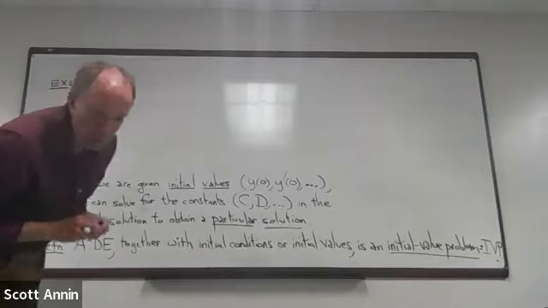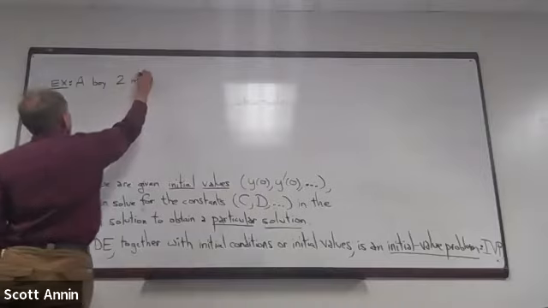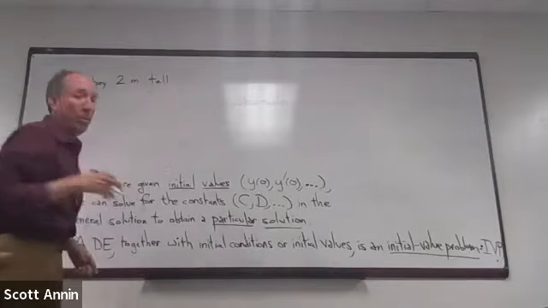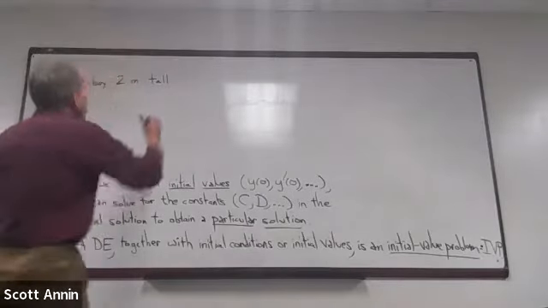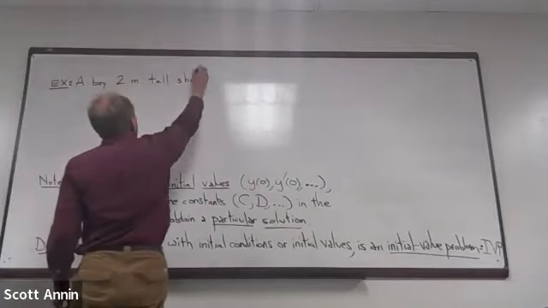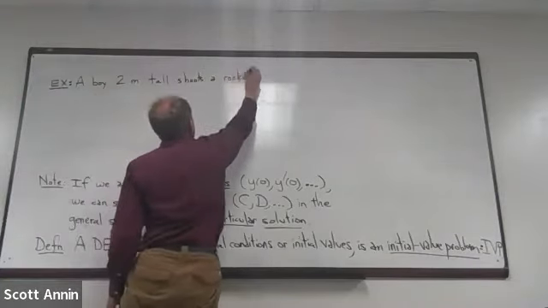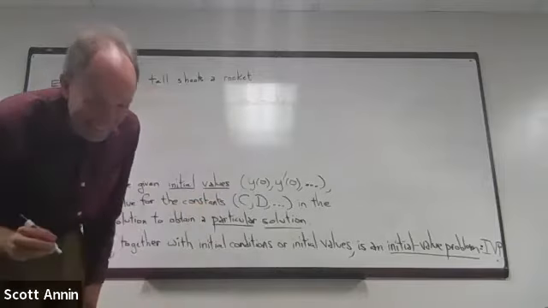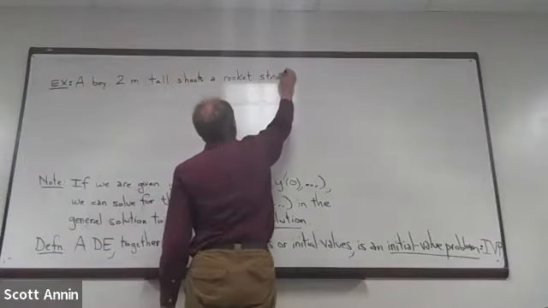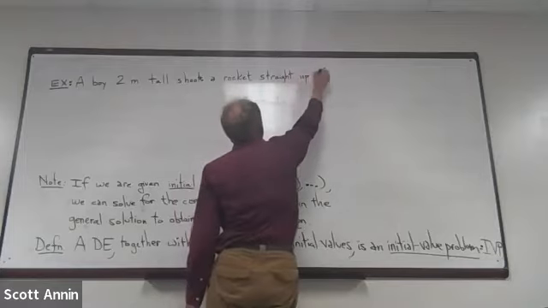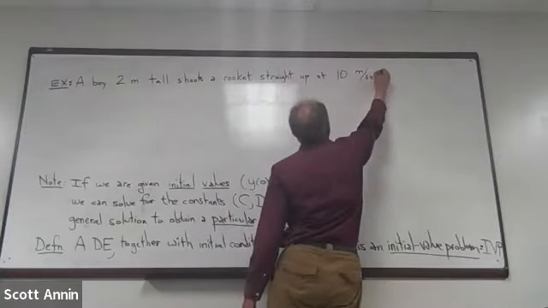So here's an example. We're going to take a boy who is 2 meters tall. So a boy 2 meters tall. So this must be a problem that's going to use the metric system. Shoots a rocket, presumably some kind of a toy rocket, straight up at 10 meters per second.